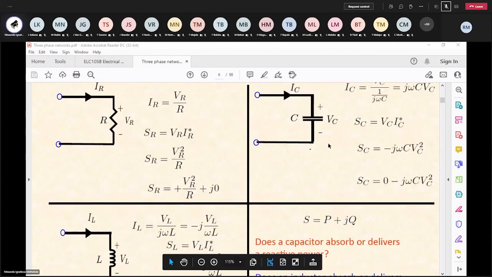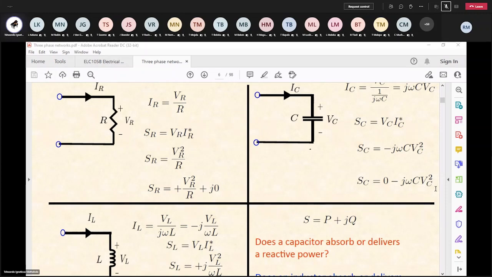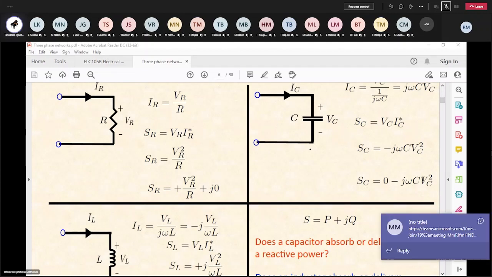And of course, the same is true if I've got only a capacitance. So you can see, for example, the apparent power on your capacitance as VC squared divided by J omega C, or rather multiplied by 1 over XC. So you need to understand it as such.